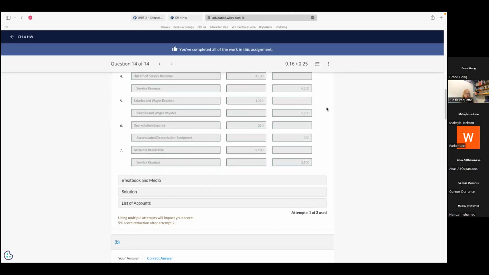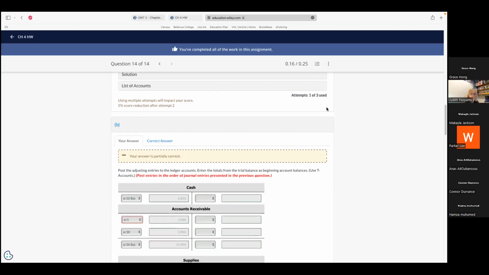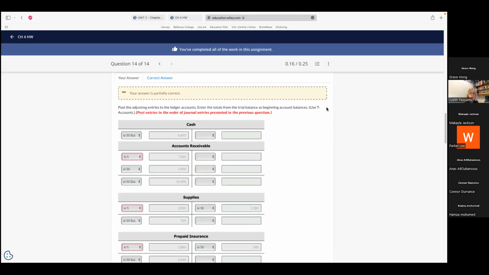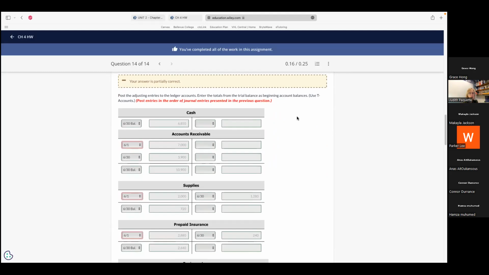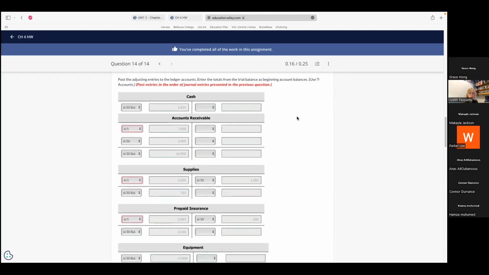And then we also have the 4 closing journal entries, but your next job was to post the balance. And you got accounts receivable wrong. So you should have had a trial balance to start with. 6850, accounts receivable beginning balance 7,000.